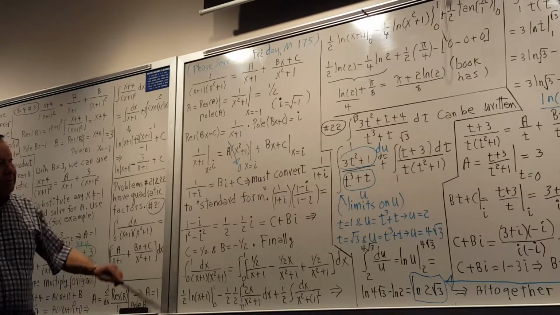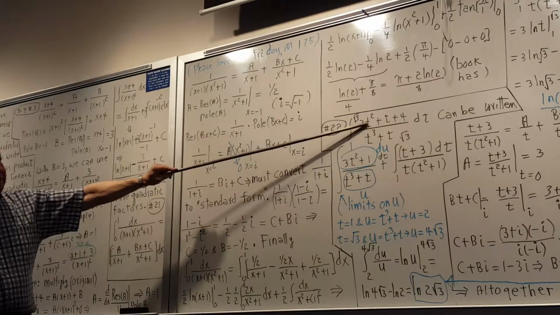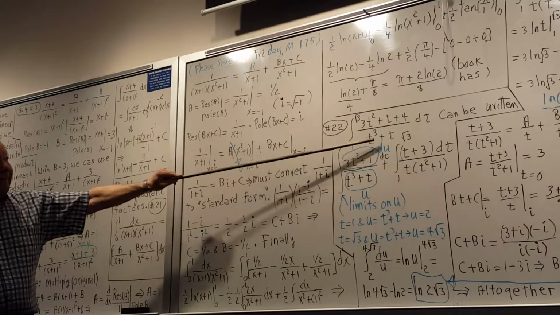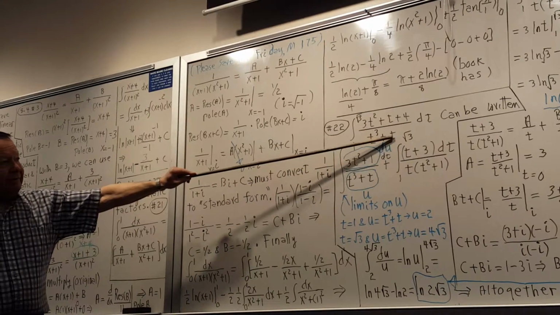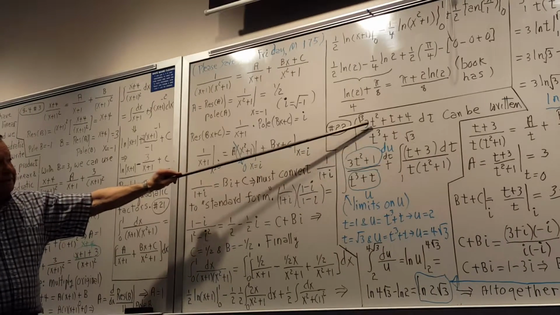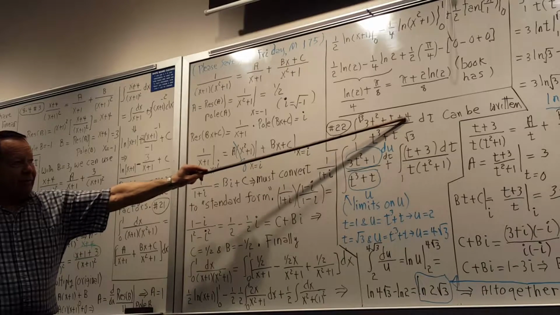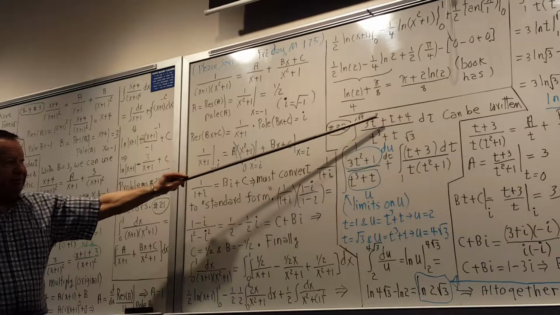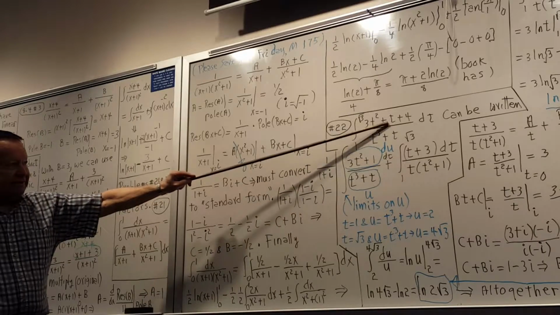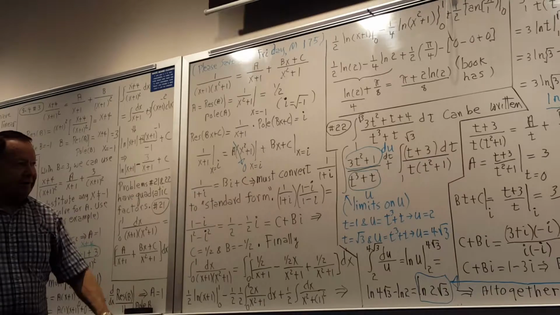If you notice, the derivative of t cubed is the 3t squared. And the derivative of t would be 1. So you could split the 4 here into 1 plus 3. You could rewrite this 3t squared plus t plus 3 plus 1 if you wanted.